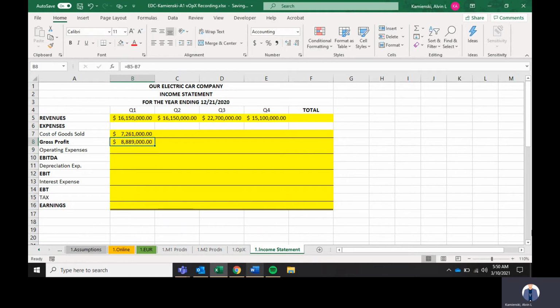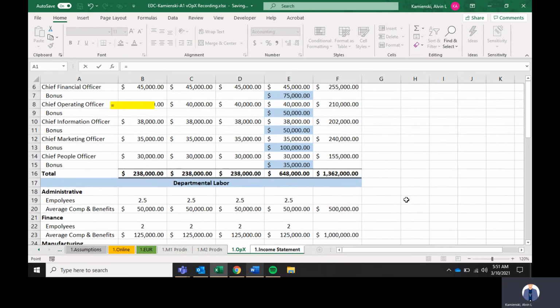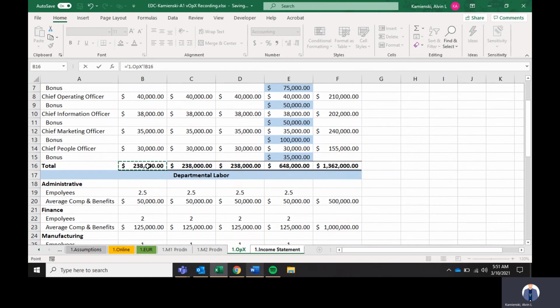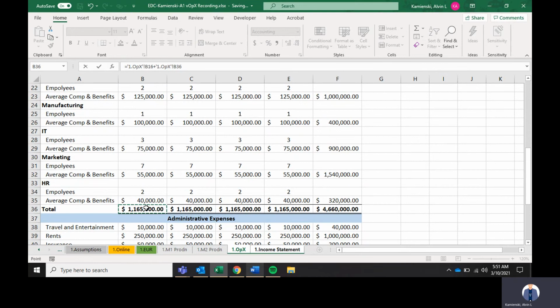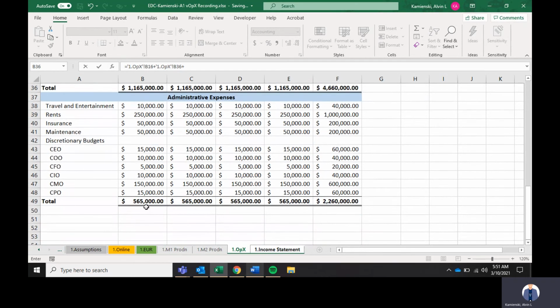It tells us we have 8.9-ish million left after we've paid for the vehicle from what was in our original revenue pool. Our operating expenses in Q1 then is going to be my management costs plus my departmental costs plus my administrative expenses, all for that quarter.